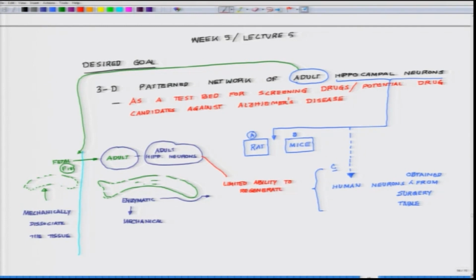If you know it has a limited ability to regenerate, you do not want to damage this tissue extensively. So, for enzymatic treatment, it has been observed that the enzyme which is reasonably better than other enzymes is called papain.